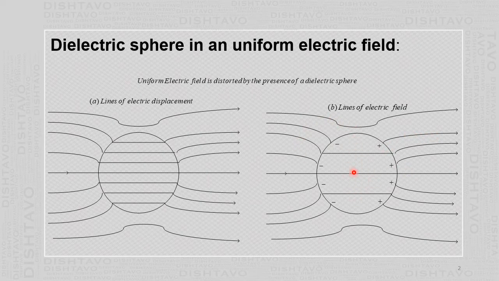So inside the field gets reduced, that's why fewer field lines are there. Then as far as the electric displacement is considered, inside it becomes stronger. That is, altogether, electric displacement is different from the electric field. So this is the diagram.